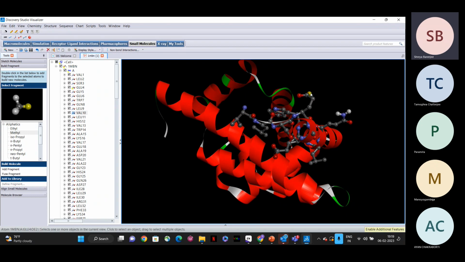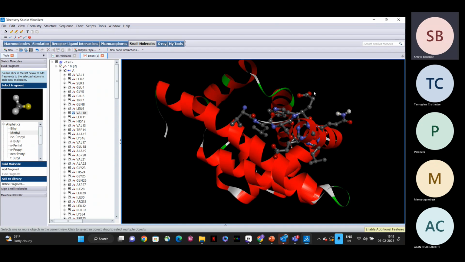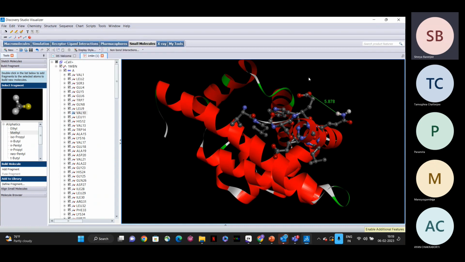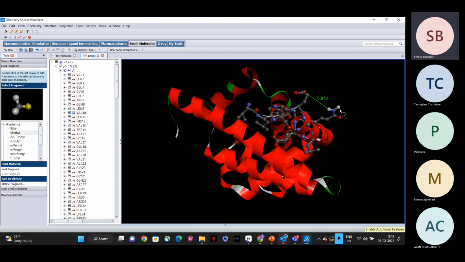If we want to check that, we have to find the distance between these two atoms by selecting once, then going to structure, monitor distance. See, it is giving the distance in angstrom, but this distance is too large for a hydrogen bond. Hydrogen bond should generally be less than 4.5 angstrom. So this is not a hydrogen bond.